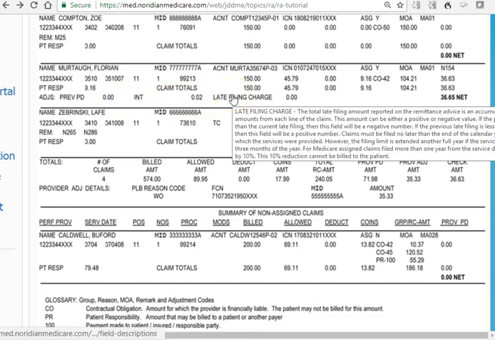The late filing charge essentially tells you whether there's a reduction for filing late or if there is a penalty that includes the entire claim.